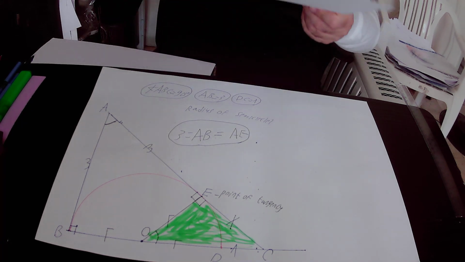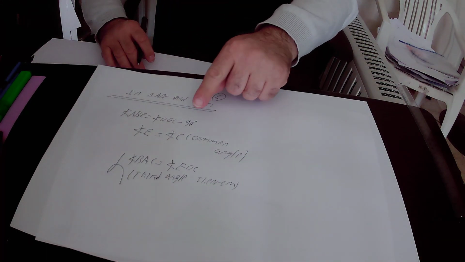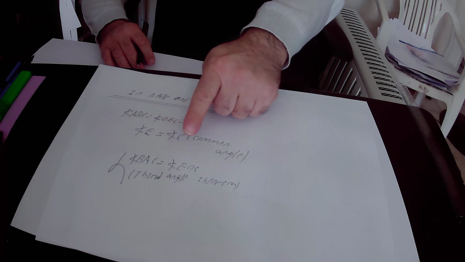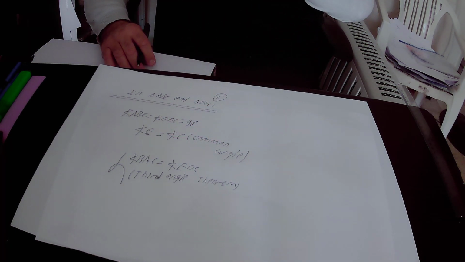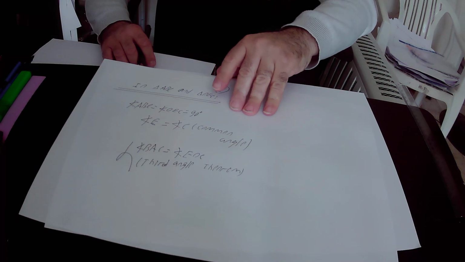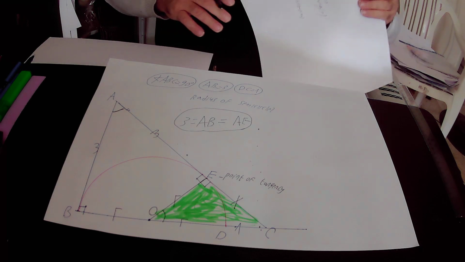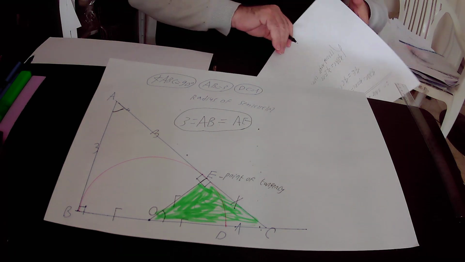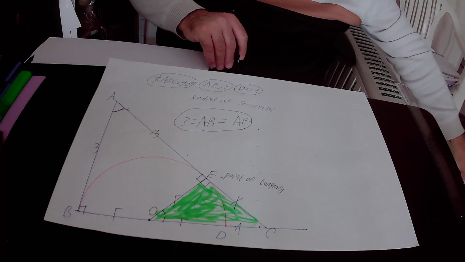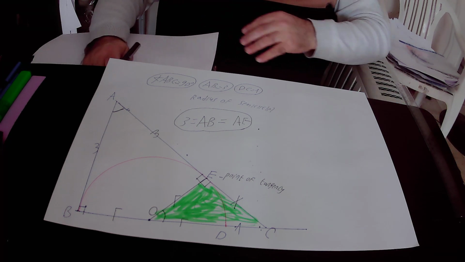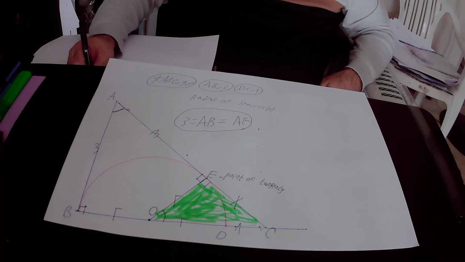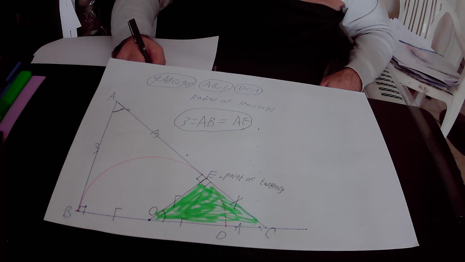So I'll repeat again: angle BAC equals angle EOC according to the third angle theorem. So what is the third angle theorem? Third angle theorem, or rule number 3, it is the same.